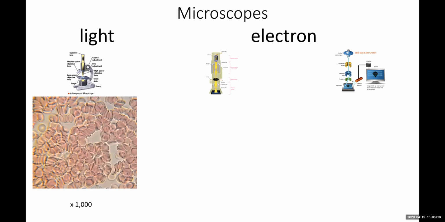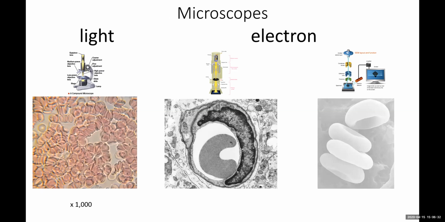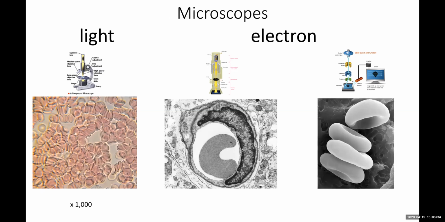The electron microscope, the one in the middle, remember, we go through the specimen. So again, looking at blood, this is what blood will look like using the TEM. And the final one is the SEM, which looks at the scan, so we can see the blood shape from the outside. Okay.